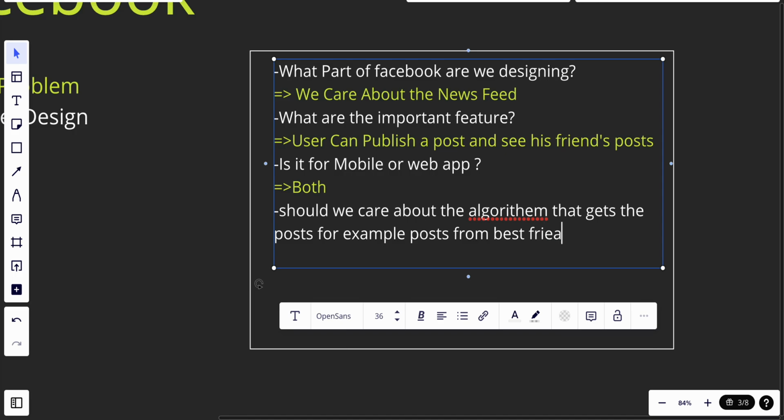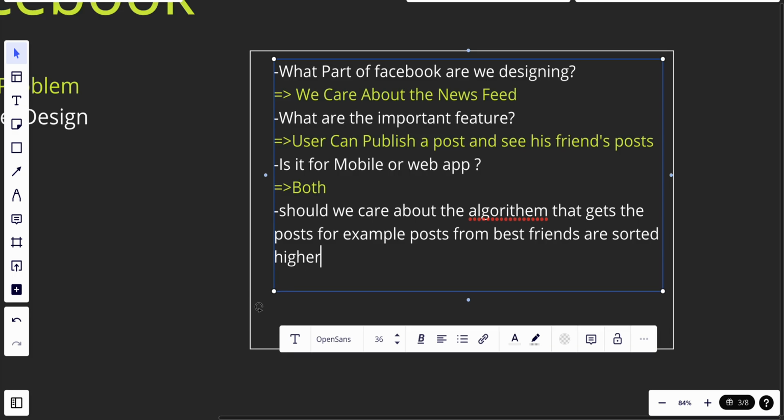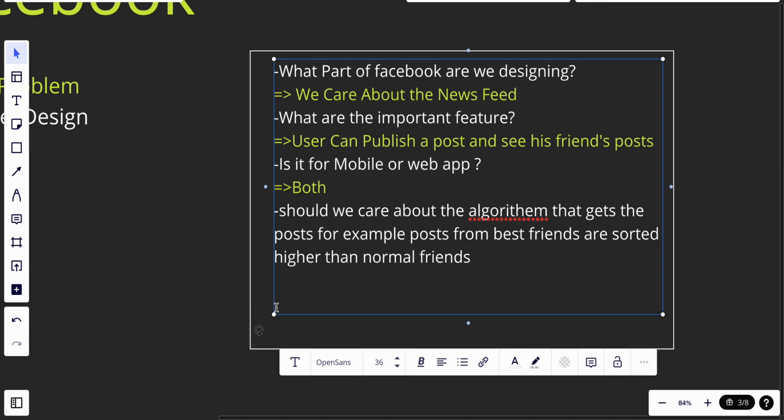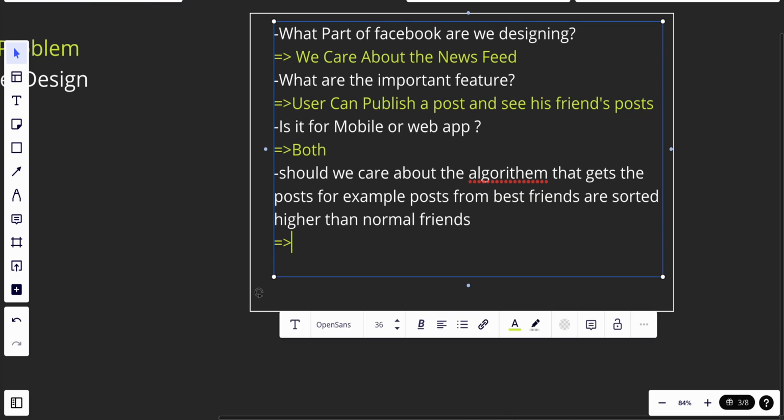There's something called best friend in Facebook. I don't know, because it was a very long time since I used Facebook. For example, posts from best friends are sorted higher than normal friends.